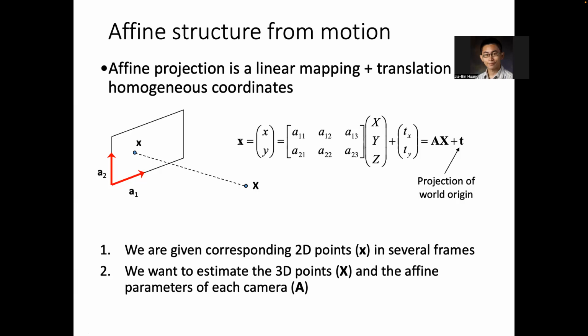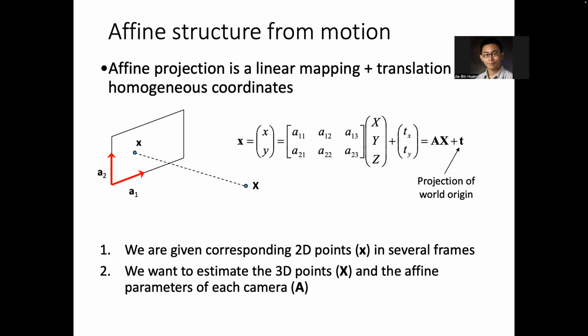At the same time, I also want to know what the parameters of this camera are, how the camera moves. Okay, so that is the structure from motion problem. From the 2D correspondence over time, you want to be able to figure out what the 3D points corresponding to the 2D trajectory are, and the camera locations.